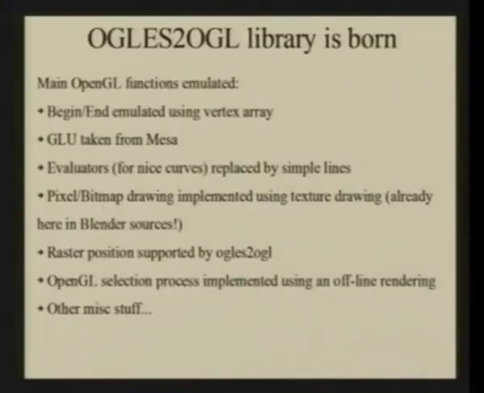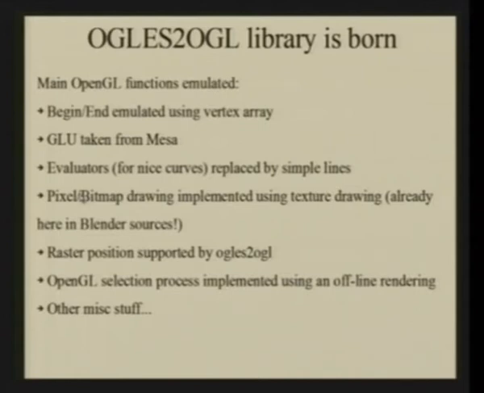And I had to replace them with texture drawing. But the good news is that it was already here in the source code of Blender. I began to develop things, and after that, I saw that it was already written in Blender, and I could use it very efficiently.